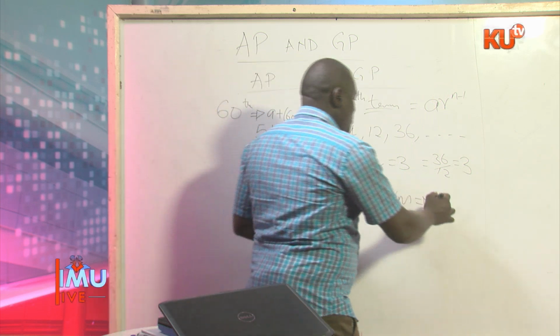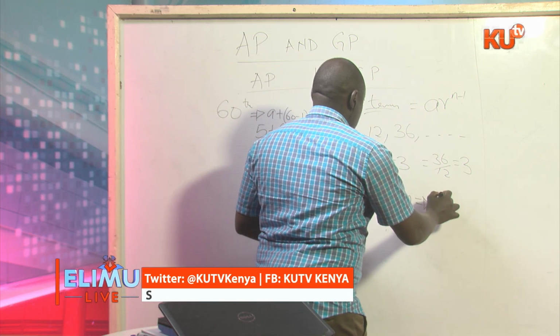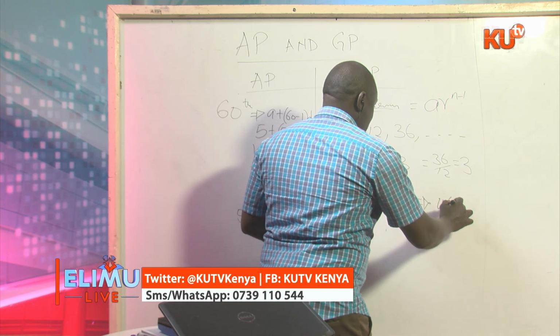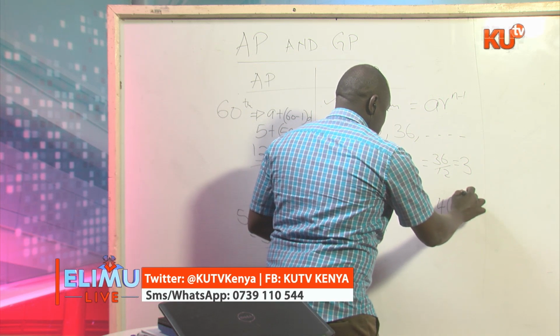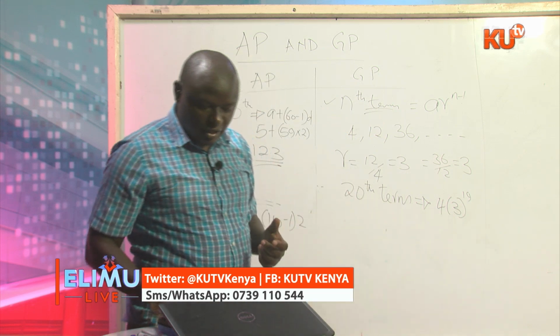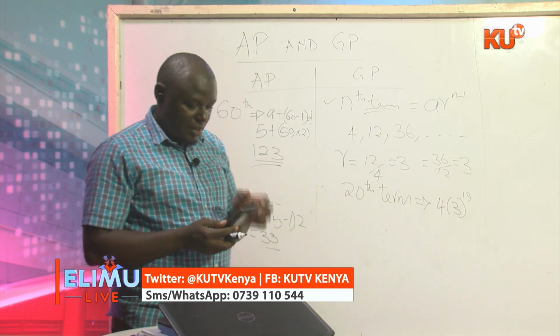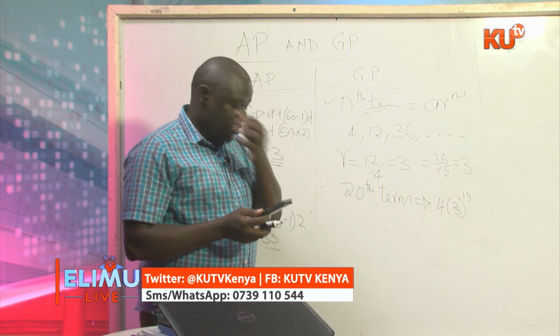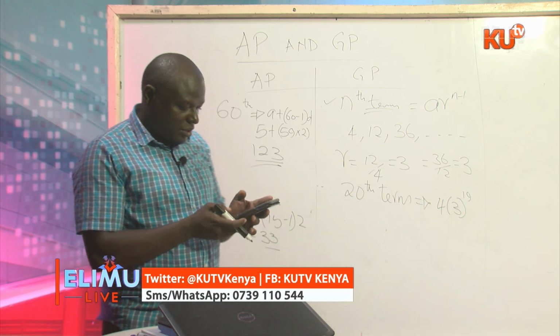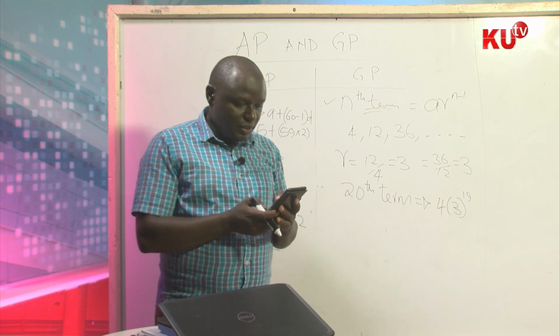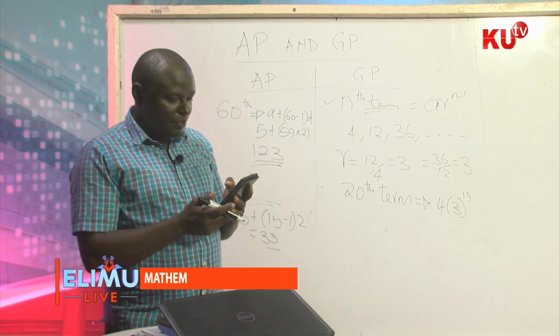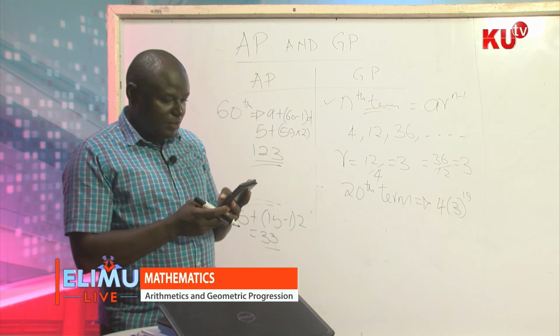So our 20th term will be A, which is 4, multiplied by R, which is 3 raised to power 19. That gives us now the 20th term of that particular GP. So let's work that out. 3 raised to power 19. It's a big number. Then you multiply that by 4.